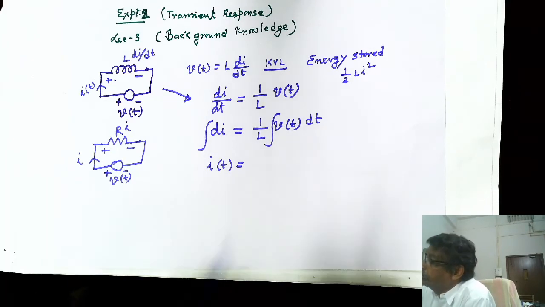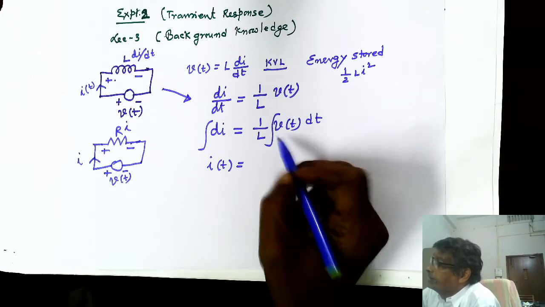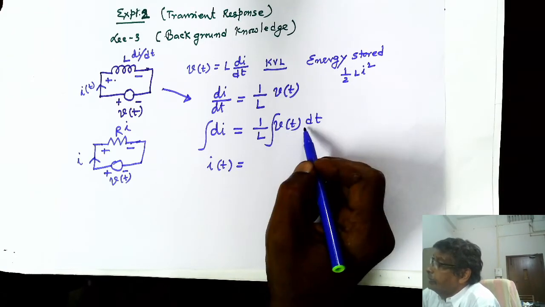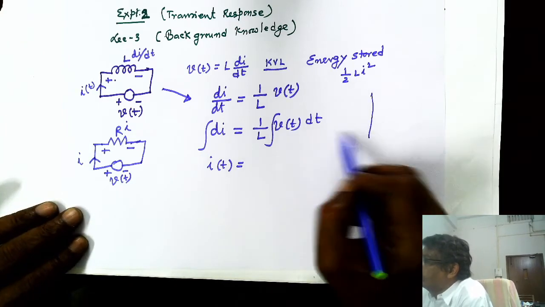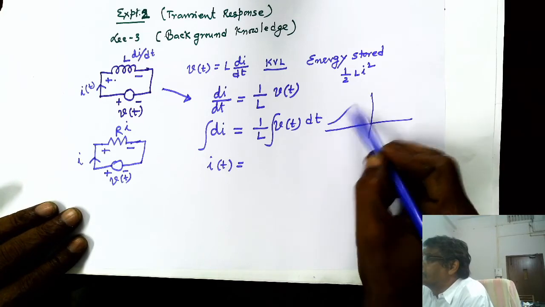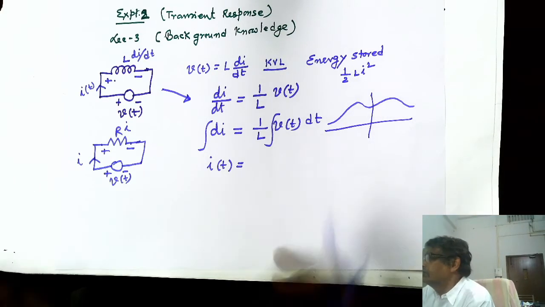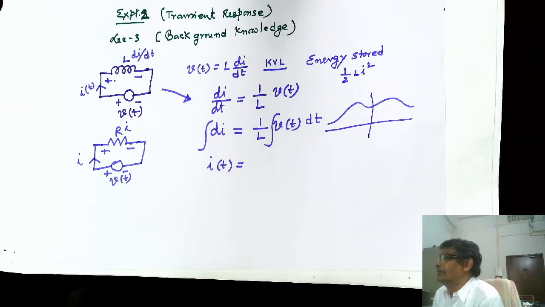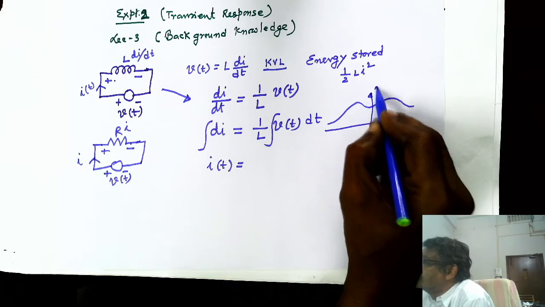Now the question is, what should be the limits of this integration? So in this integration, supply is known, V(t) dt, which could be anything. When I say anything, it means any arbitrary shape of voltage, except of course a reasonable function V(t) whose description is known to me.